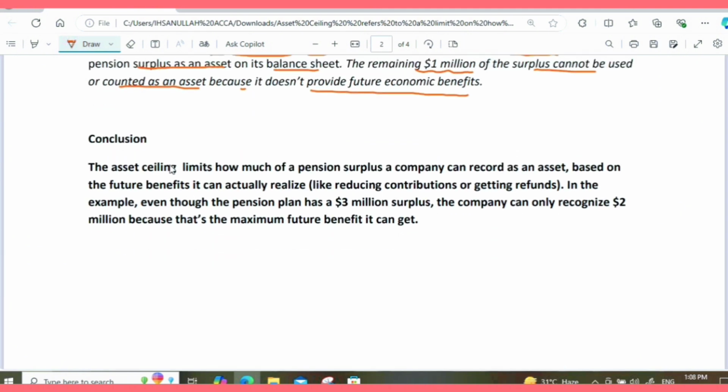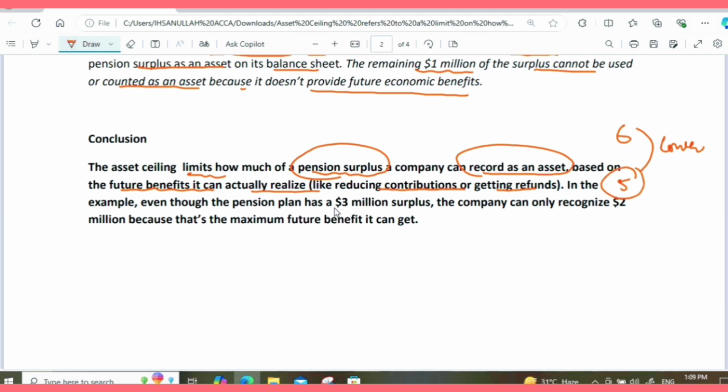Now here is the conclusion: asset ceiling limits how much of a pension surplus a company can record as an asset, based on the future economic benefits it can realize, like reducing contribution or getting refunds. So if the refund or reduced contribution is, let's say, 5, and the surplus is, let's say, 6, then you will consider the lower of, and the lower is this amount.